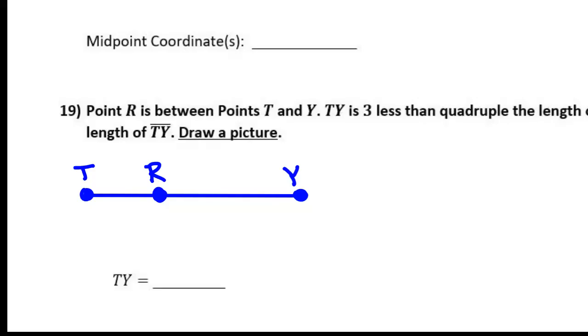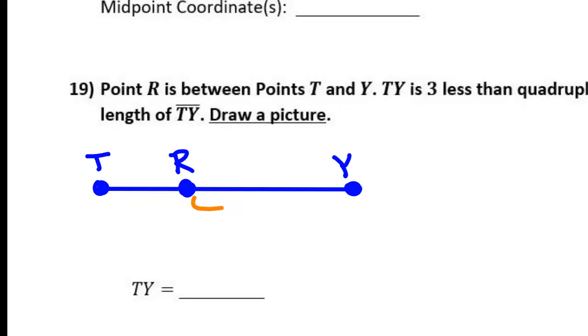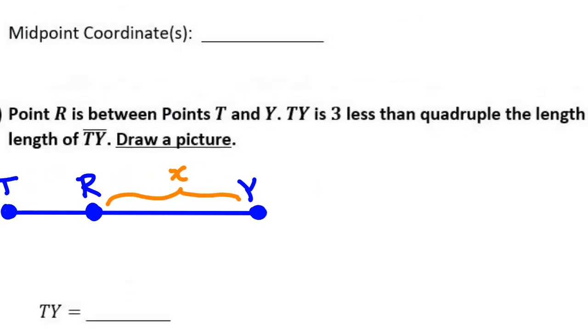TY is 3 less than quadruple the length of RY. Do we know how big RY is? No. But I'm being given a comparison to RY, so I'm going to call this X for right now. What does quadruple mean?